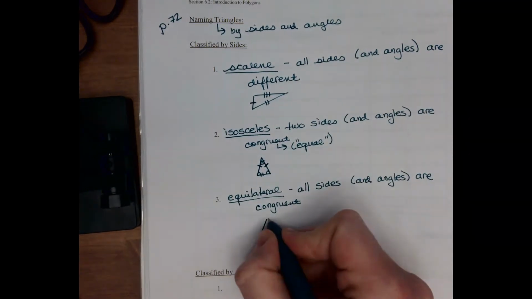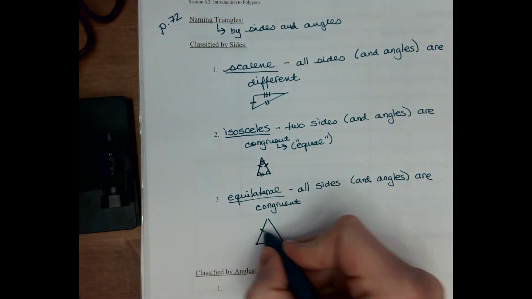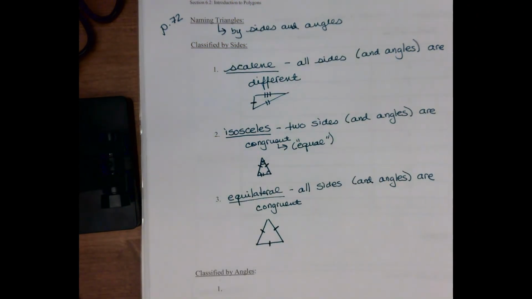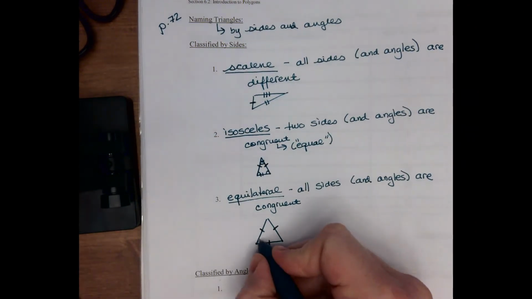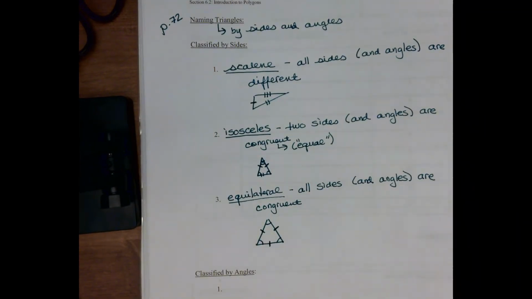All sides and all angles are congruent. To show all the sides are the same, tick mark, tick mark, tick mark. They're all the same. And to show the angles are all the same, something like that. Make sure this is in your notes.